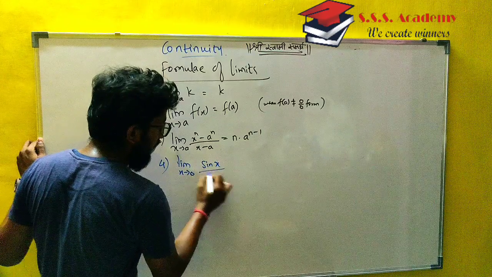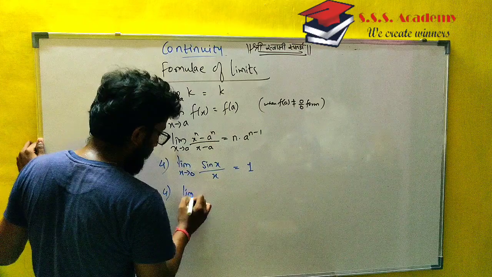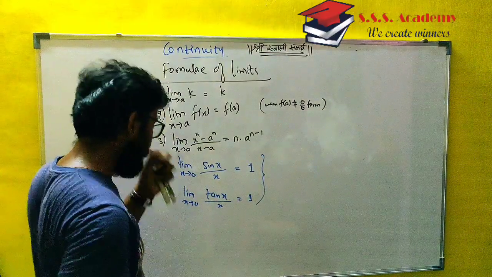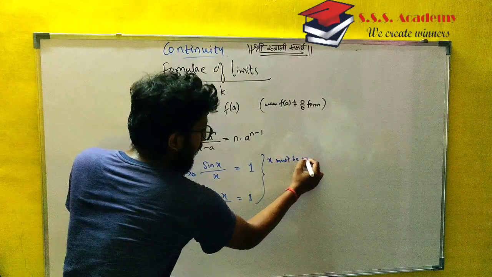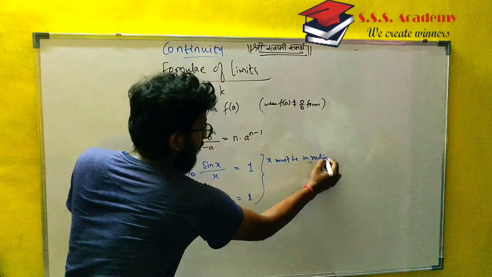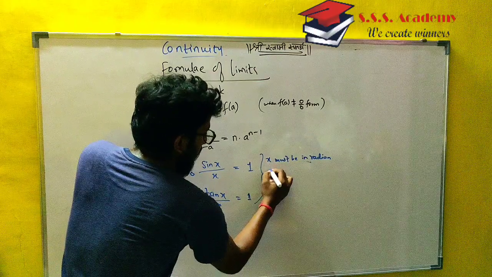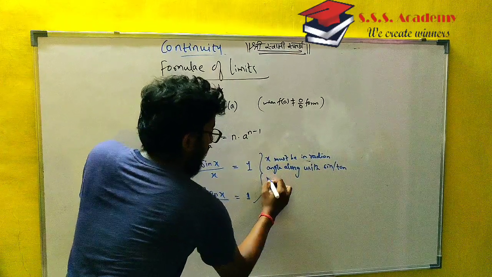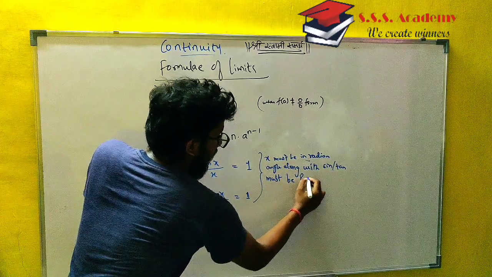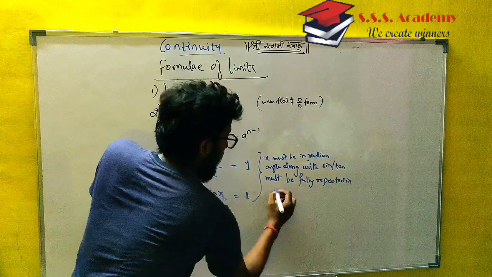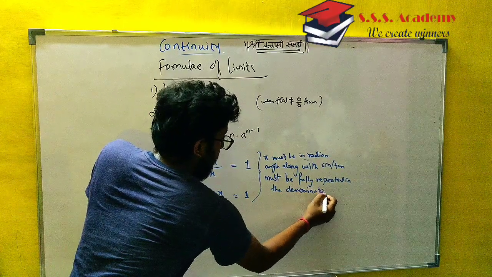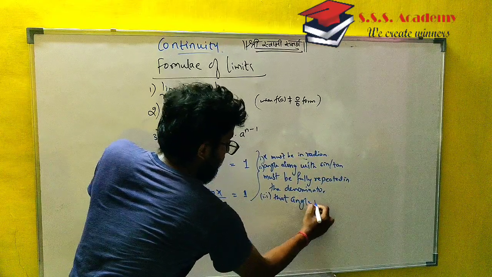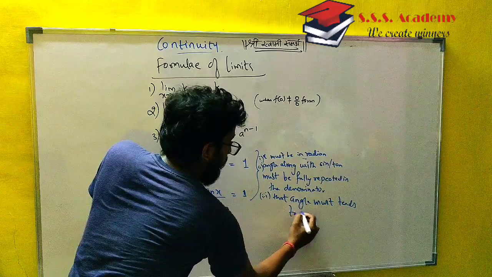For trigonometric functions, sin x upon x is 1 and limit x tends to 0 of tan x upon x is 1, in both cases. The conditions are: x must be in radians, the angle along with sine or tan must be fully repeated in the denominator, and the third is that the angle must tend to 0.